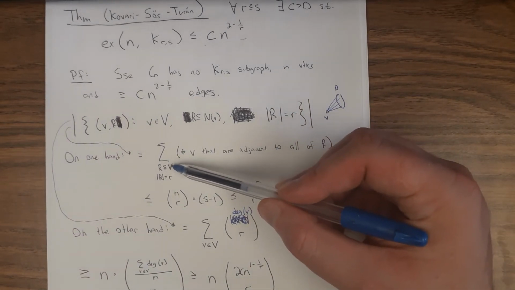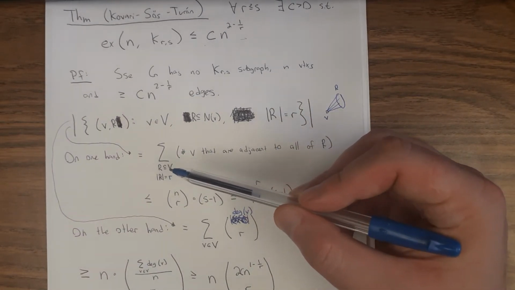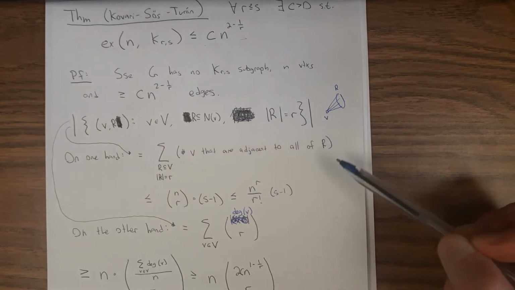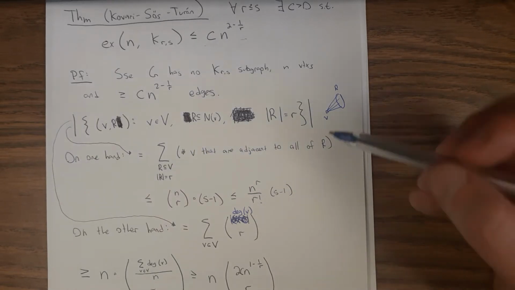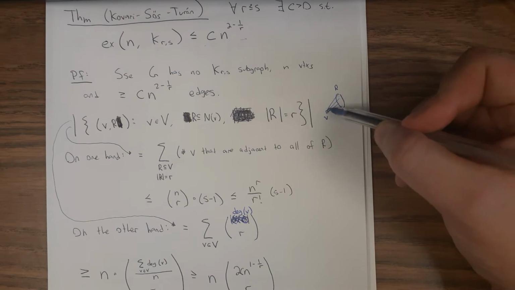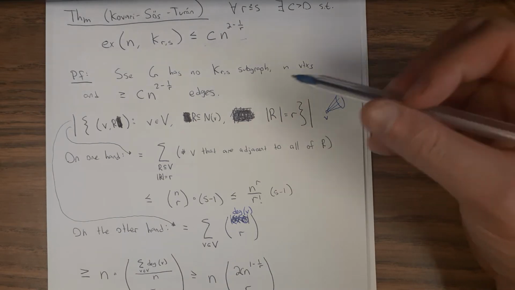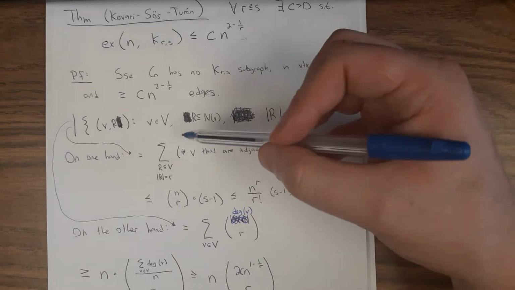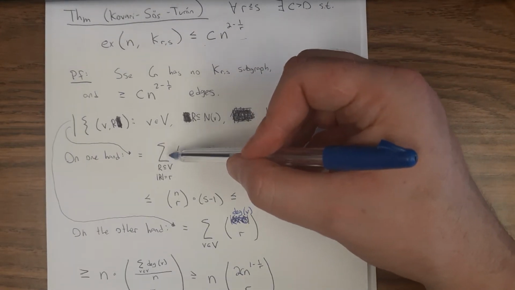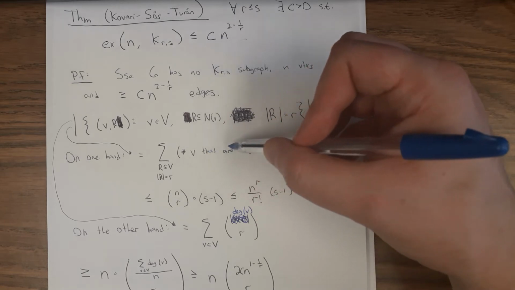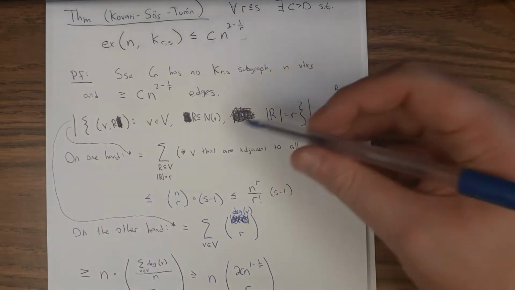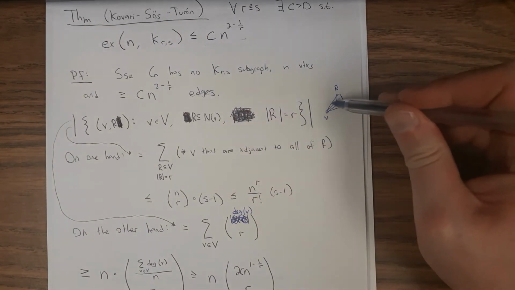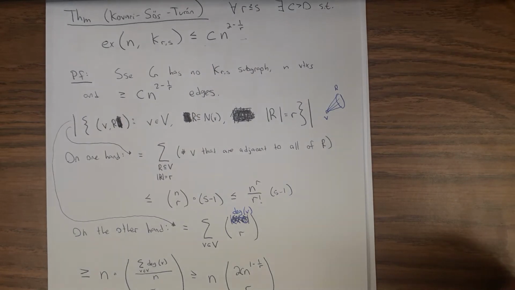I'll sum over all possible sets R, and I'll count how many v's go with that R. The requirement for v is that it's supposed to be adjacent to everything in R. So for each set R, I'll add up the number of vertices that fit the bill, in other words, the number of vertices that are adjacent to all of them.